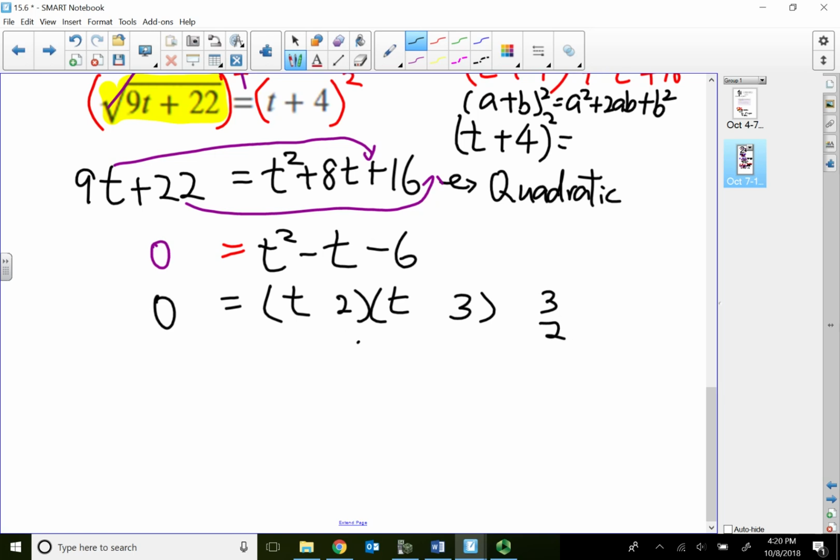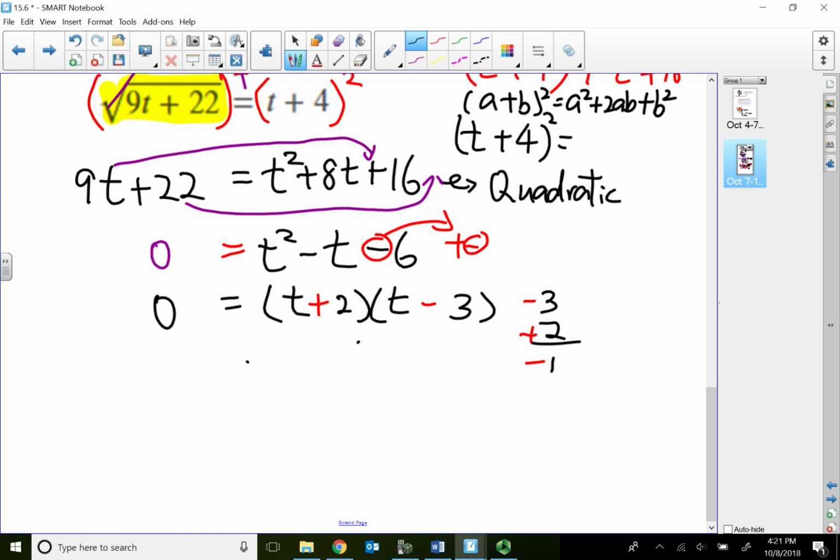To end up with the 1 in the middle, my last sign tells me my inner and outer have to be subtracted to get my middle term. My last sign also tells me the signs in the parentheses have to be 1 positive, 1 negative. So to end up with the negative 1 in the middle, I have to give the negative to the bigger of the inner and outer. That means the outer has to be negative 3, so t times negative 3. The other one is positive.